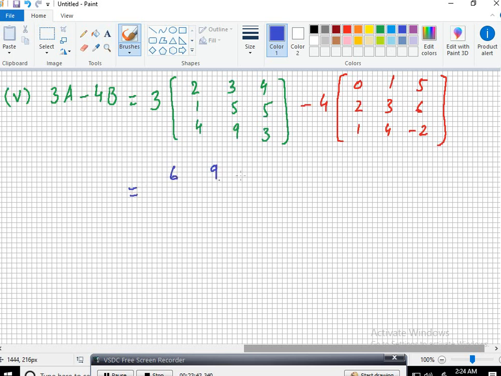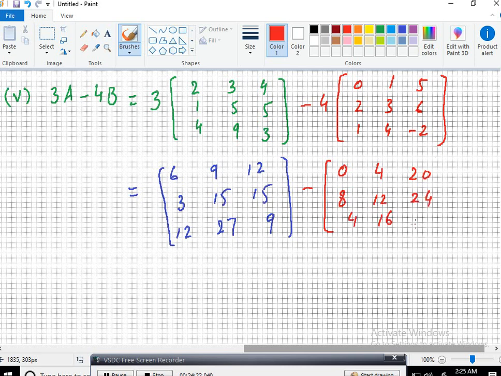Now just multiplying 2 with all the entries of A, that is 2 times 2, 2 times 3, 2 times 4, 2 times 1, 2 times 5, 2 times 5, 2 times 4, 2 times 9, 2 times 3.